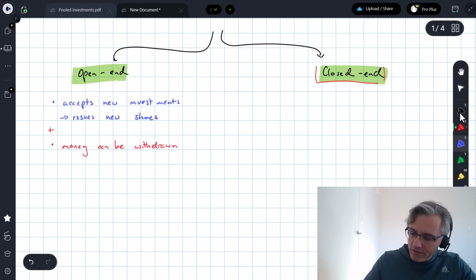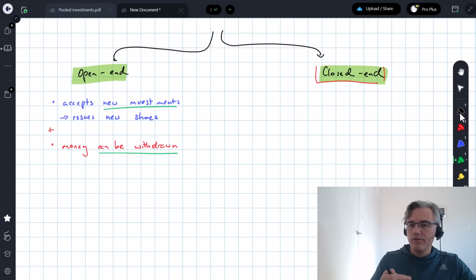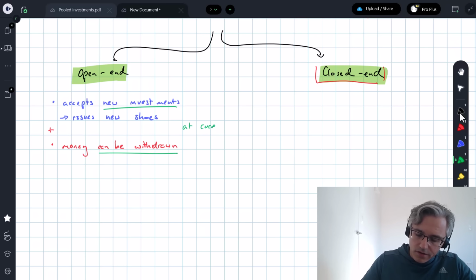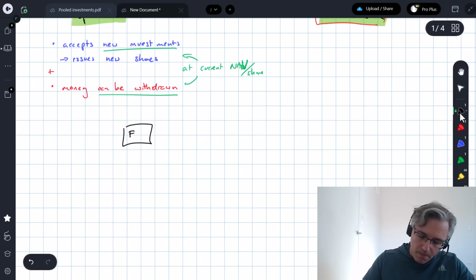Now, the important thing is that both the new investments and the issue of new shares, as well as the withdrawal of money, happens at current NAV, whatever net asset value is, on a NAV per share basis. So what does that mean? Let's draw the fund over here.